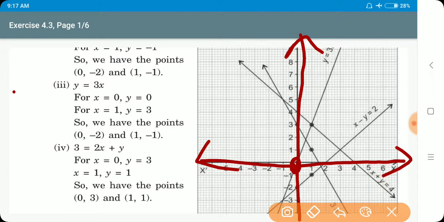So the first point will be here. Now when y is equal to 1, x is equal to 3. So the second point will be here. And 2 and 2, so the third point will be here.